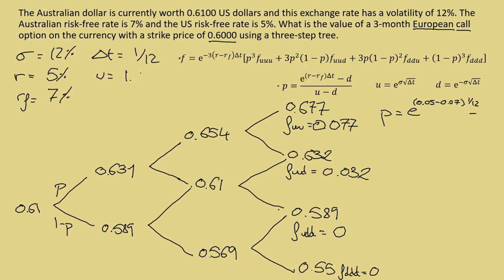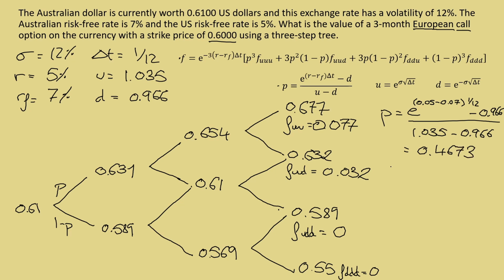So U is 1.035 and D was 0.966. So D is 0.966 and then over U minus D, which is this.